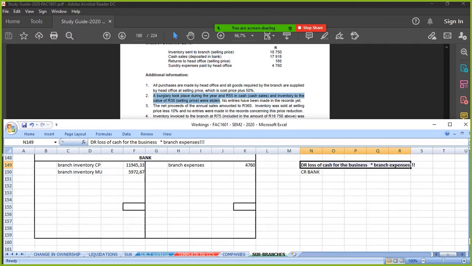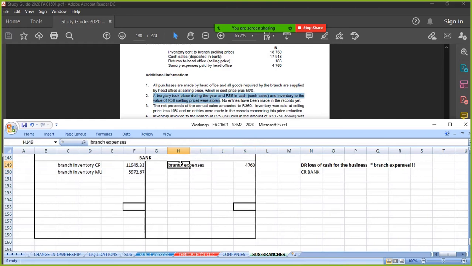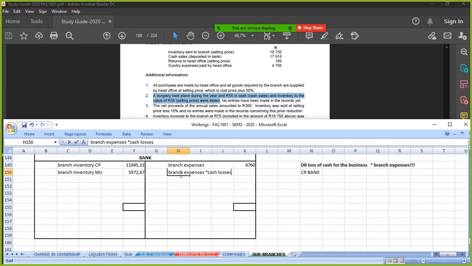Does that make sense? Yes. Okay, so bank, cash lost or stolen. Let's just say theft of cash.